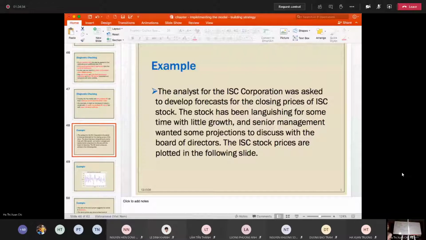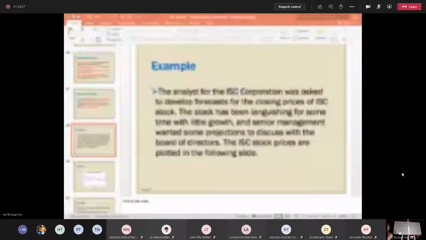So here, I have a website that supports us in making the ARIMA, also the ARIMA procedure, difference identification and estimation. So I copy the link and send it to you.